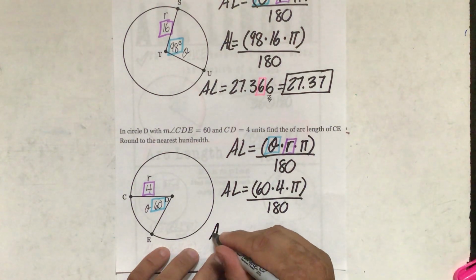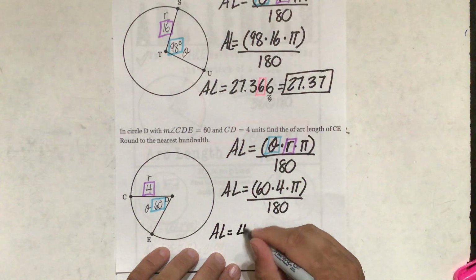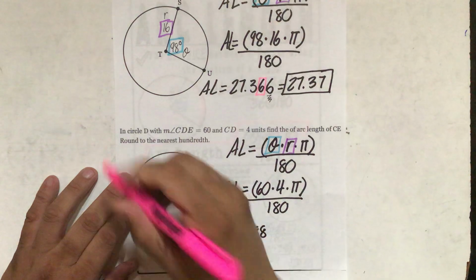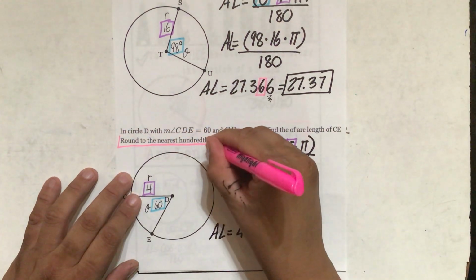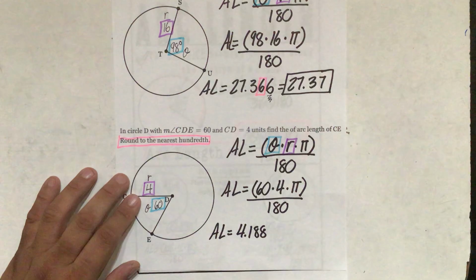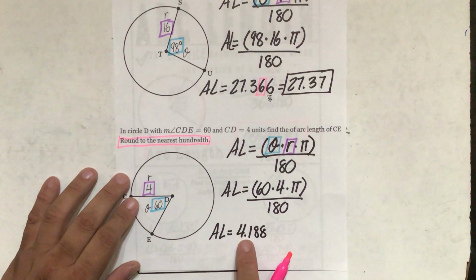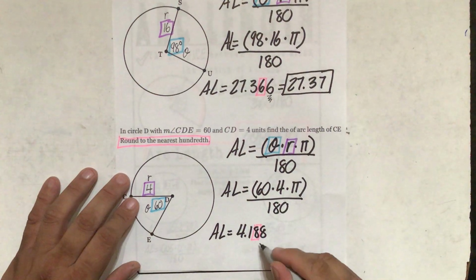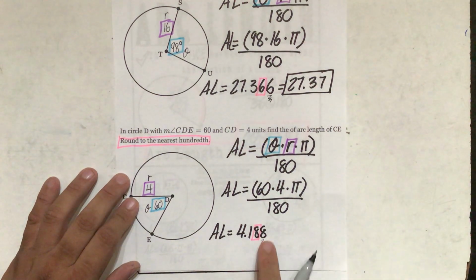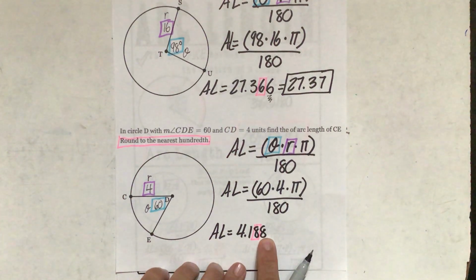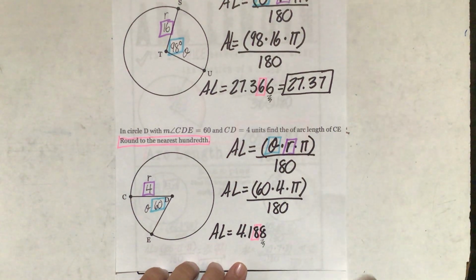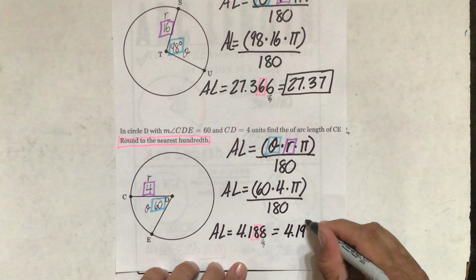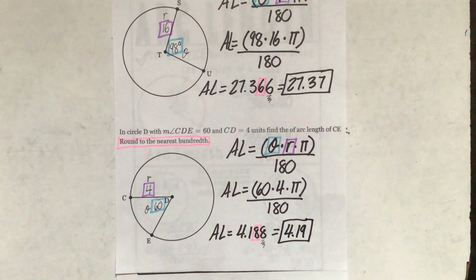So AL is equal to 4.188. We're going to round to the nearest hundredth. Hundredth has 2 zeros, so 2 numbers after the decimal, the 1 and the 8. This neighbor is going to tell the 8 what to do. Since it's 5 or bigger, it's going to tell the 8 to go up to a 9. So this equals 4.19. And that's your solution.